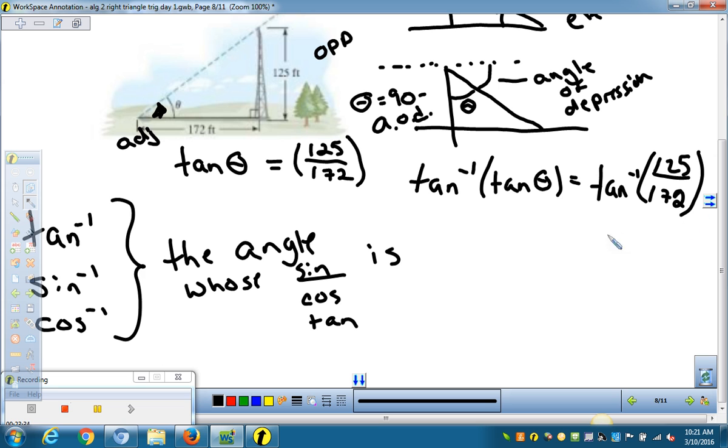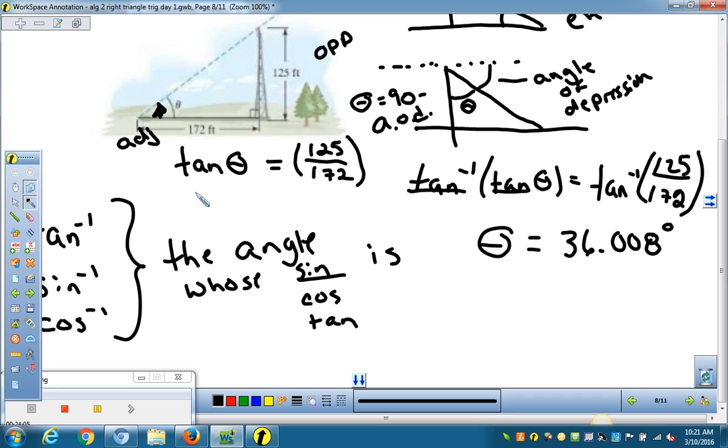These two undo each other, and we're left with theta equals, and then on your calculator, do second tan, 125 over 172, and tell me what we get. 36.0075, right, we'll go with 36.008 degrees. So that is the angle of elevation. Anytime you're looking for an angle, we're doing second tan, or second sine, or second cosine.